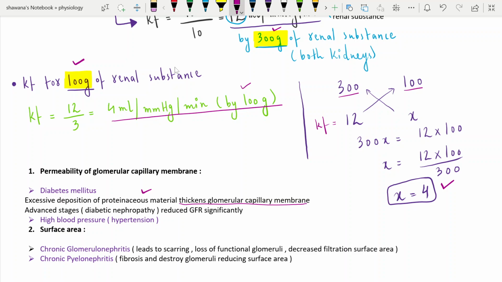And logically, when the capillary membrane becomes thickened, does it reduce or increase the GFR? Of course, it reduces the GFR because it is directly proportional to filtration. When we thicken something, the filtration is of course reduced. The second thing is high blood pressure. It also reduces the GFR significantly.